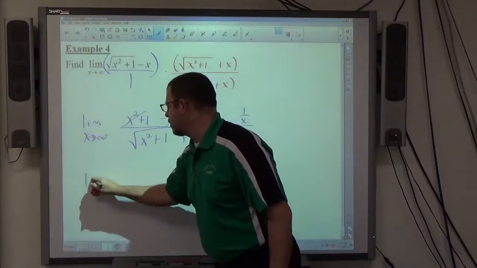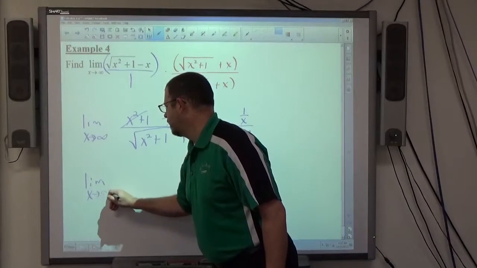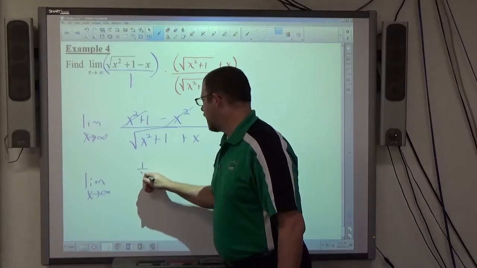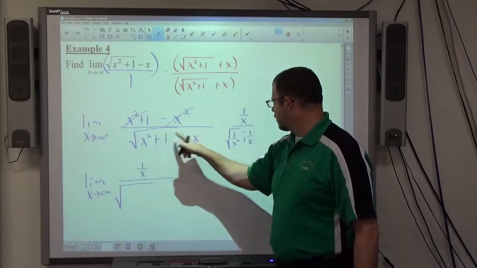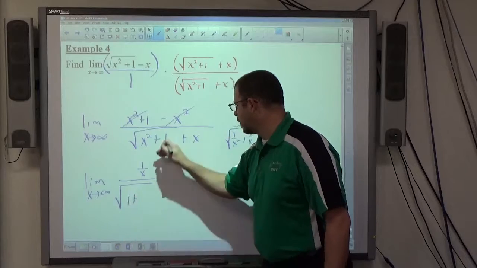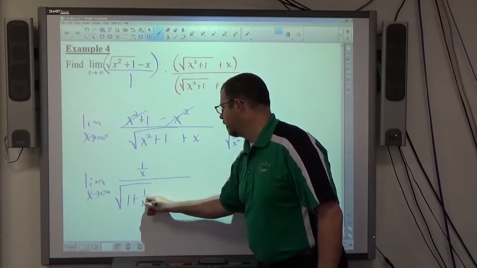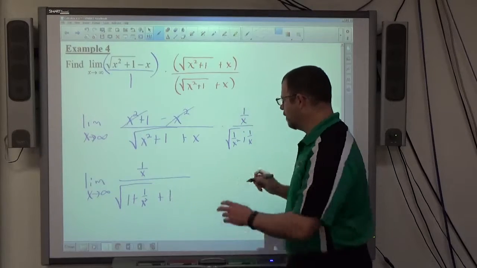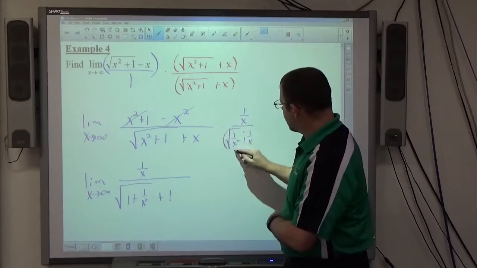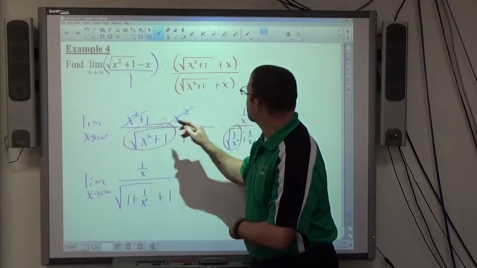We're going to get the limit as x approaches infinity of 1 over x on top over the square root of x squared times 1 over x squared is 1, 1 times 1 over x squared is 1 over x squared, and 1 over x times x makes 1. Be careful that this is a radical, so it's being multiplied by the radical part.